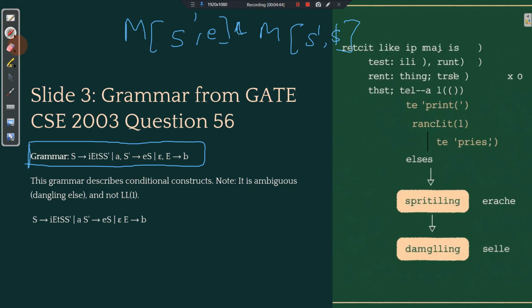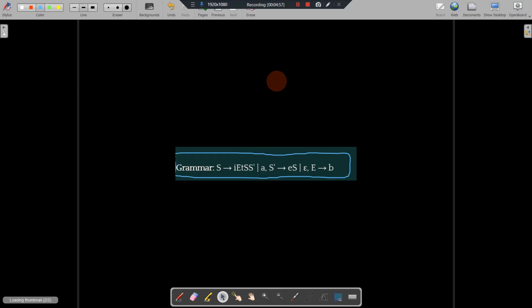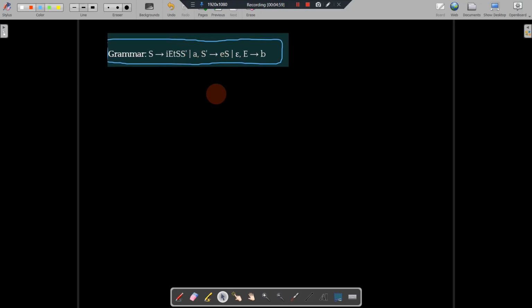So let us copy this question to our open board. So this is our grammar.